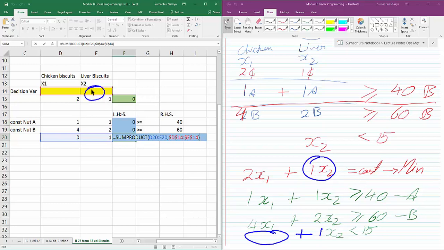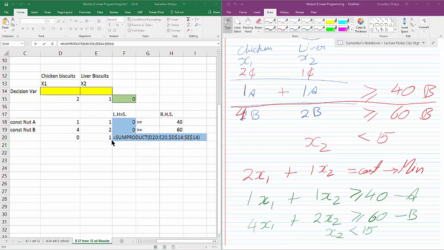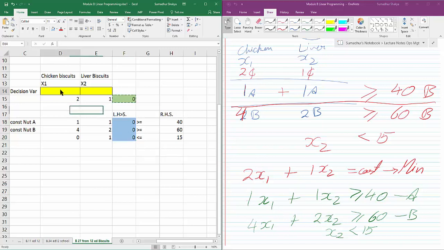So 1 times x2 is x2, has to stay less than or equals to 15, so that does the job. Now we only have one more condition, to make sure that x1 and x2 stay positive or 0, such that there's no such thing as a negative number of chicken biscuits.